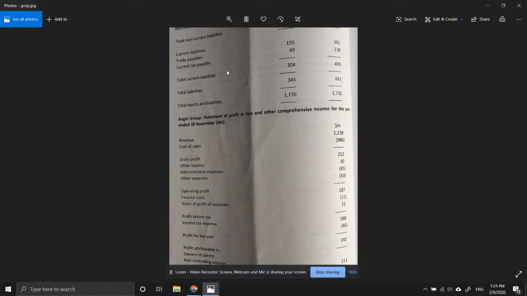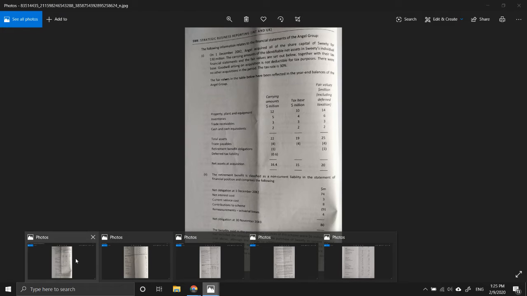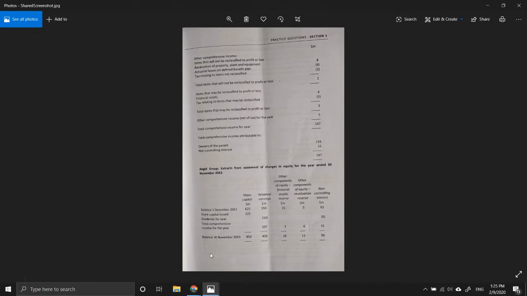So SOPL is also given to us, which has COS, other income, administrative expenses, other expenses, finance cost, share of profit of associate, PBT, income tax, and profit attributable to. Then in items that will not be reclassified, we have actuarial loss on defined benefit plan, and revaluation of properties, 8.